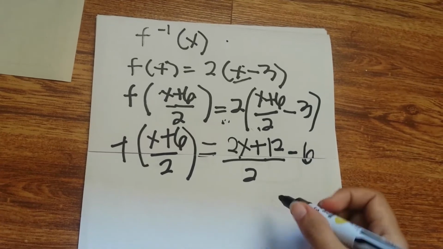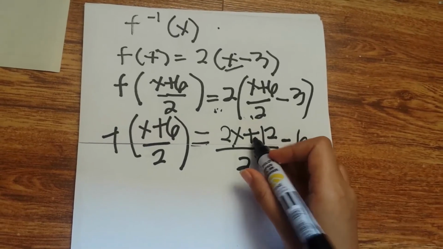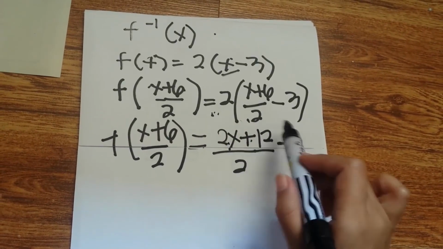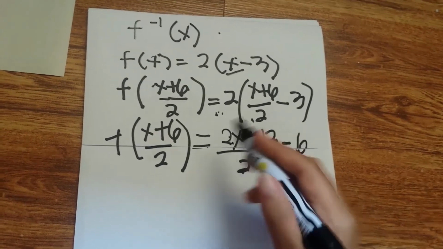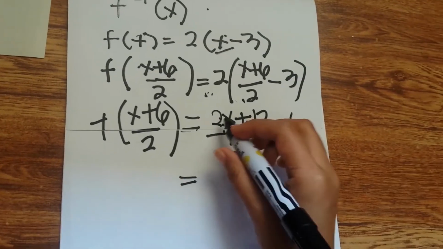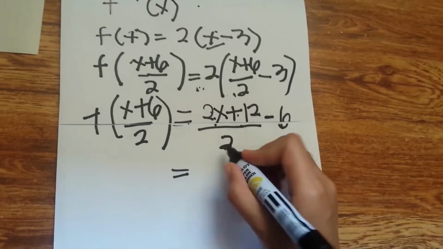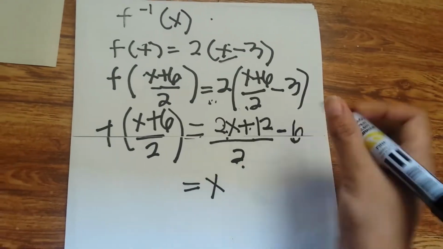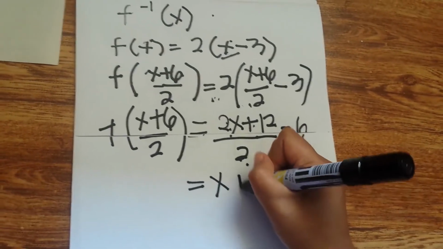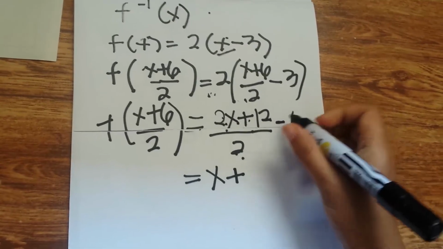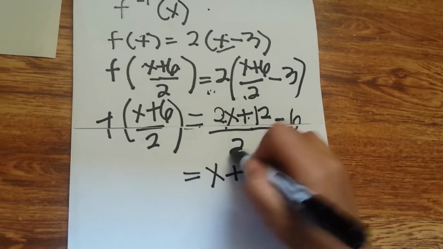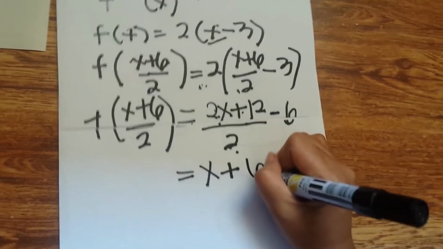Now we will divide this 1 into 2. So we have 2x divided by 2 will be x plus 12 divided by 2 will be 6.